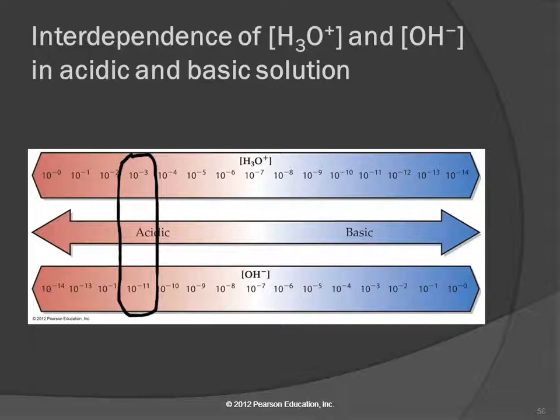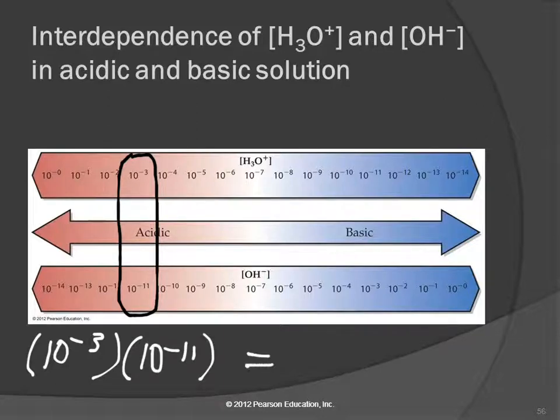So if we take the hydronium ion concentration and multiply it by the hydroxide ion concentration, what do we get? We get 10 to the minus 14. When we take numbers like this with a common base of 10 and multiply them, we just add the exponents.